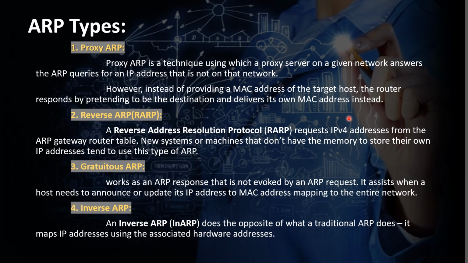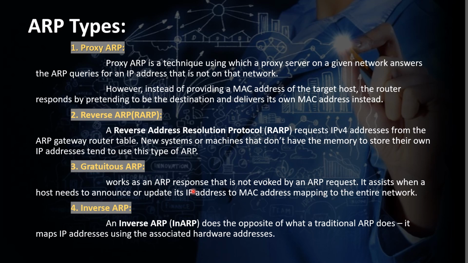It's like saying, hey, what's my IP address? This is my MAC address, could you please help me with my IP address? Once the system has booted up, it gets the ARP reply saying that your IP address is so and so. That is reverse ARP.